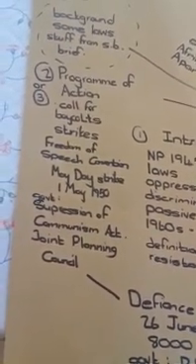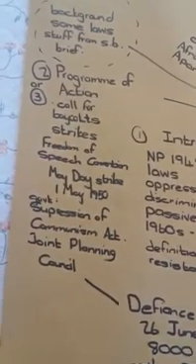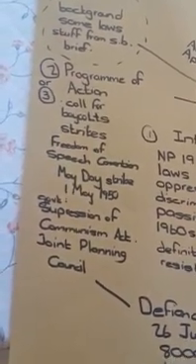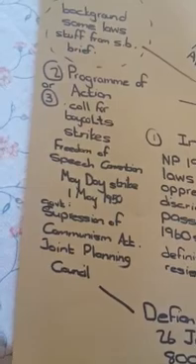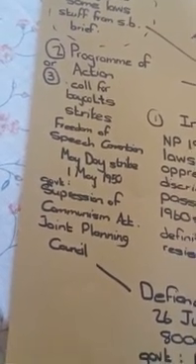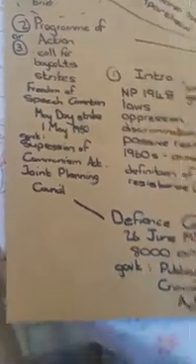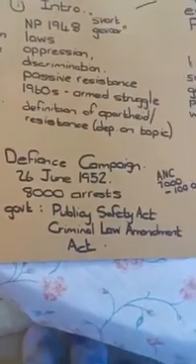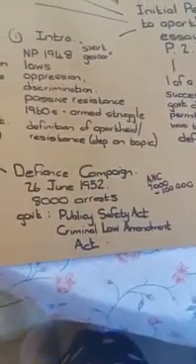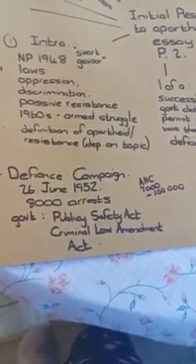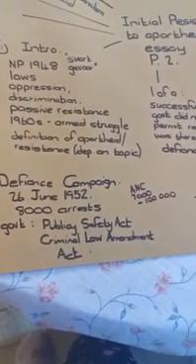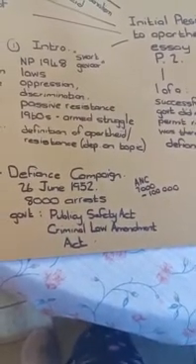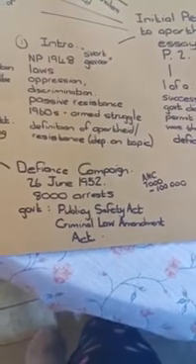And then you can also say that the program of action led to the formation of a joint planning council. That planning council then starts planning for resistance, which leads us to the Defiance campaign. And there it's on the 26th of June 1952 that it kicks off. But the volunteers had been trained before that date. 8,000 arrests of people who are defying laws.